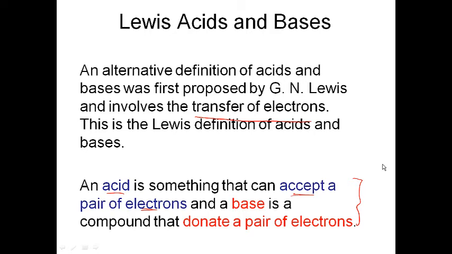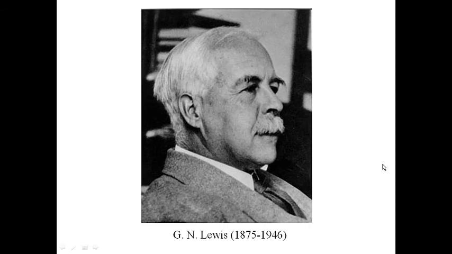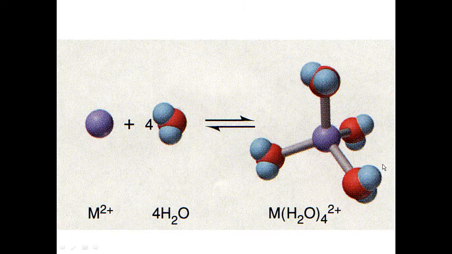And so this is the basis for your Lewis acid-base definitions. In organic, we don't actually call things Lewis acids and bases. Traditionally, there's been another name for those, and I'll get to that in a moment. So there's G.N. Lewis. The broadening out of this Lewis acid-base definition means that we can talk about reactions of species that really don't accept protons. Things like if you take a metal ion and you place it in water, what's happening to that metal ion? Well, it's being solvated by the water molecule.